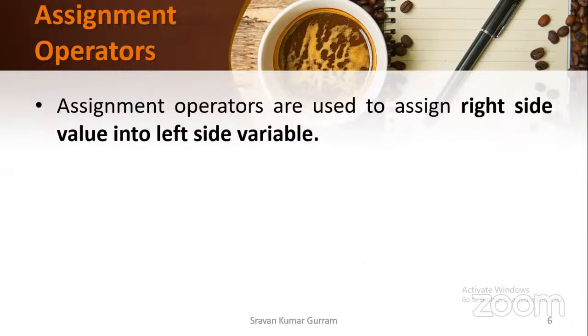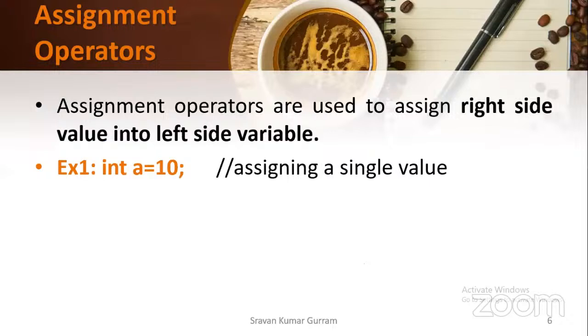Where we need to store values in any programming language, in variables. If you want to store any value, we must use the concept of a variable. In the variable, we can store the data. So we are trying to assign some value to the variable. For that, we use these assignment operators.